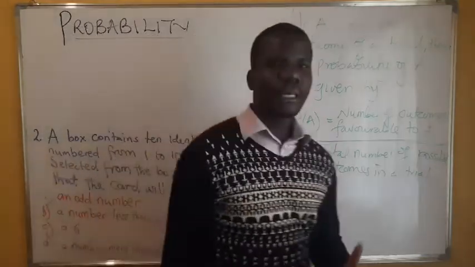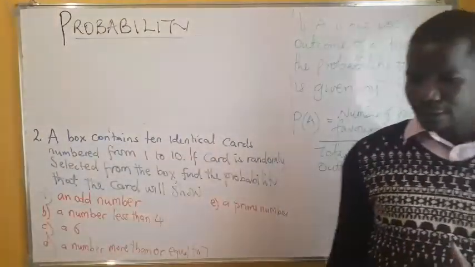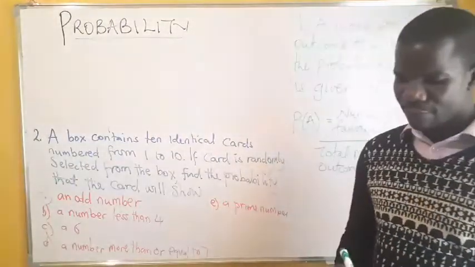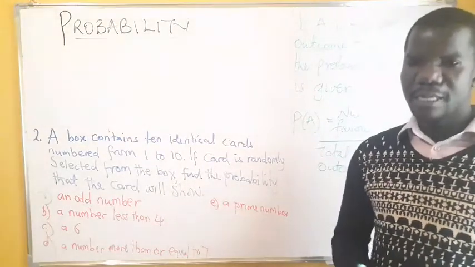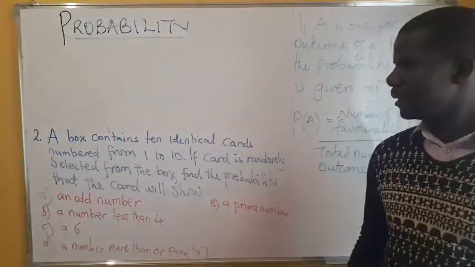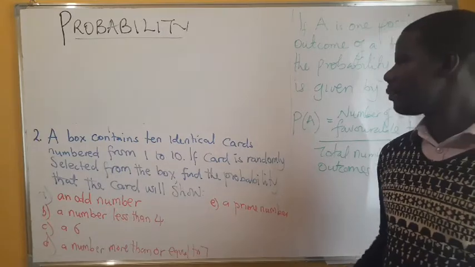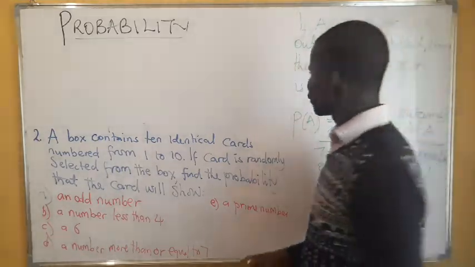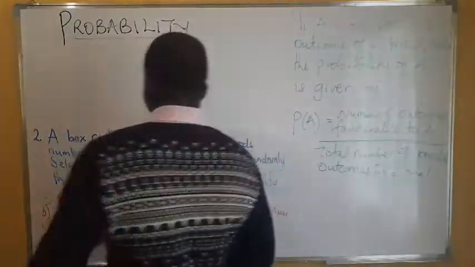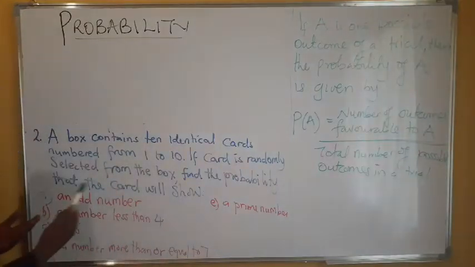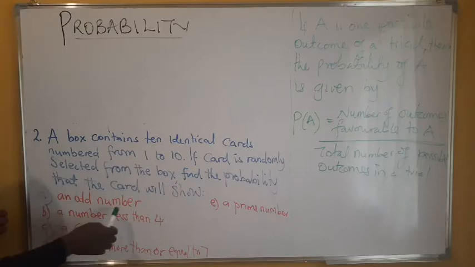We have 10 identical cards in a box, and they have numbers 1 up to 10. So what is the probability that the card you are going to pick shows an odd number?